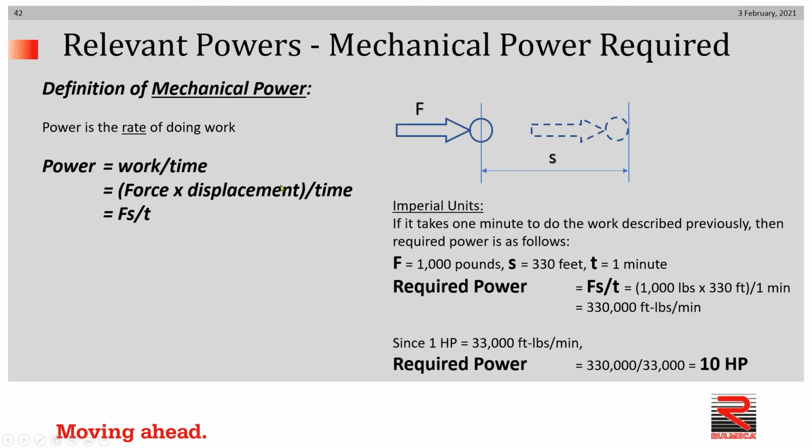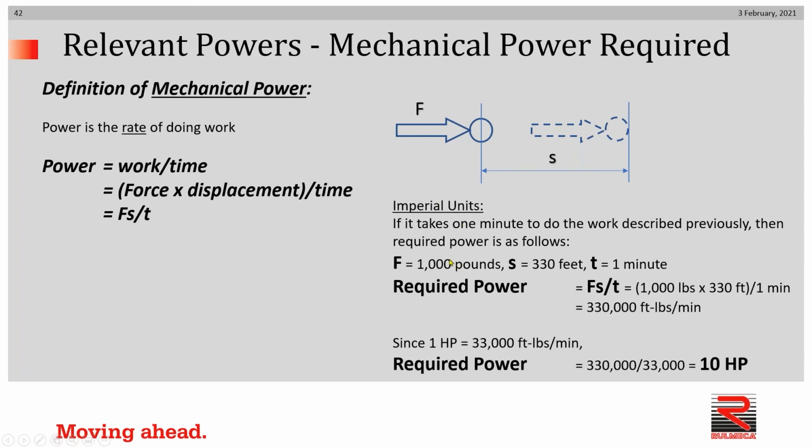We'll define mechanical power. Power is the rate of doing work, or work divided by time. Said differently, it's simply what we just learned, force times displacement per unit of time, or F times S divided by T. So let's continue on with the example mentioned previously.